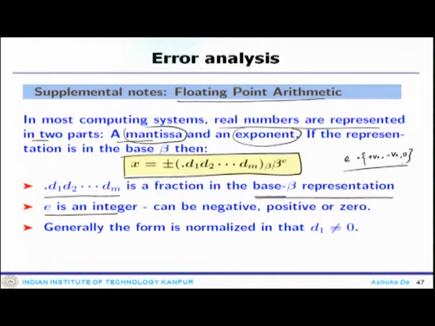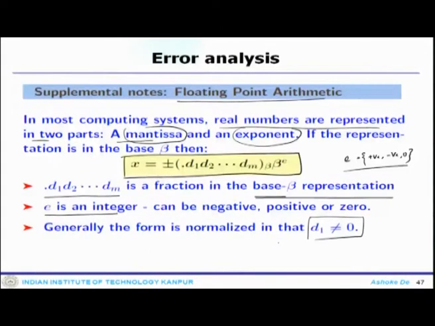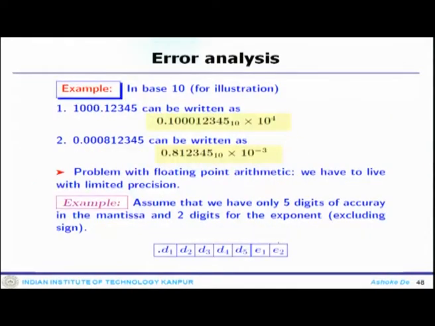So, another thing is that the form is normalized in that d1 is not 0. As I said, we will pick some examples to look at the previous expression of mantissa and exponent for floating point arithmetic.